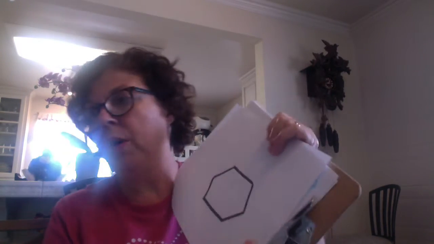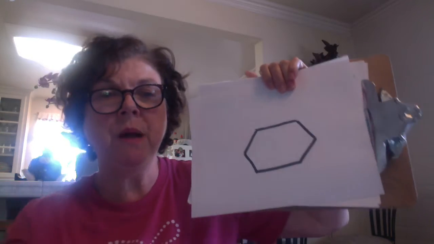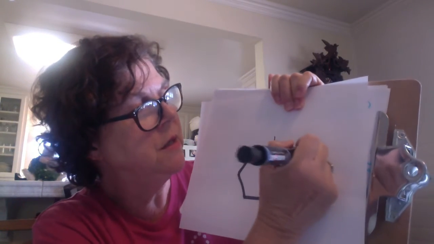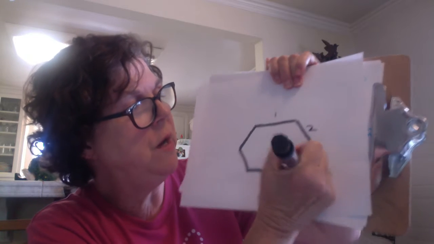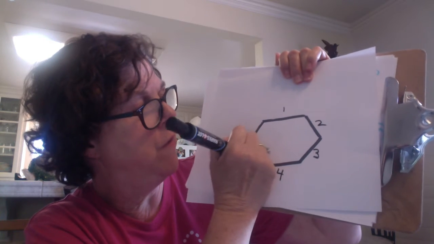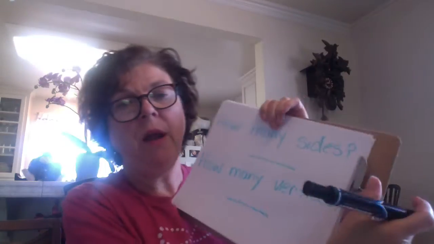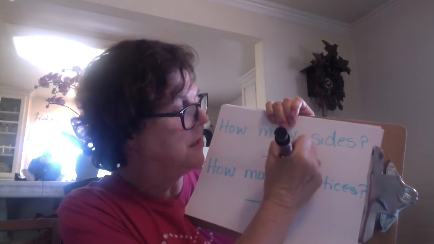Okay, so I'm going to put it right here, and we're going to count. I like to put my little numbers. We're going to count to see how many. 1, 2, 3, 4, 5, 6. So it has 6 sides. So I write how many sides? I'm going to write a 6.